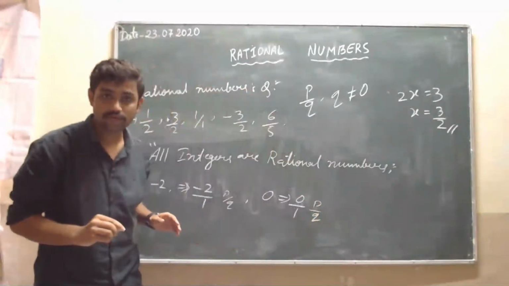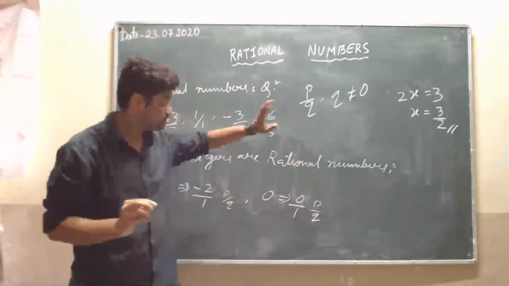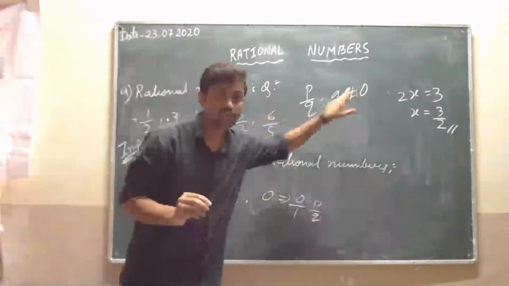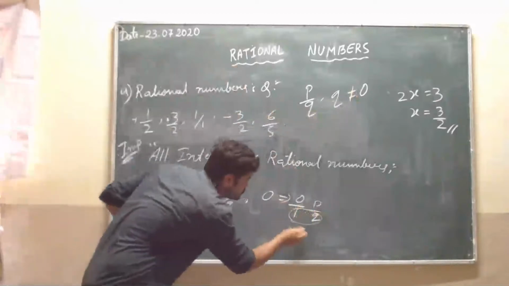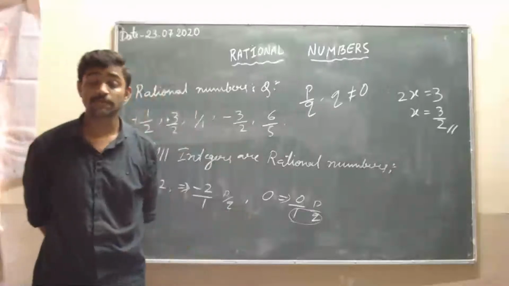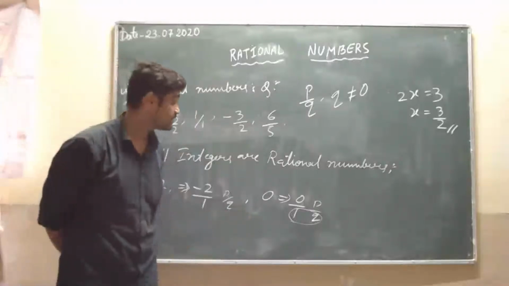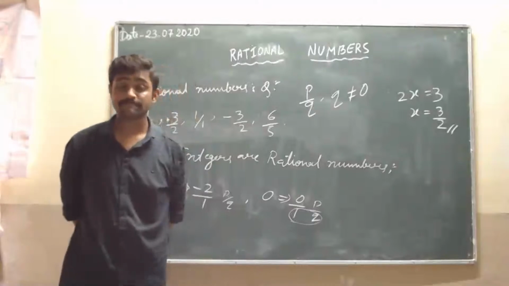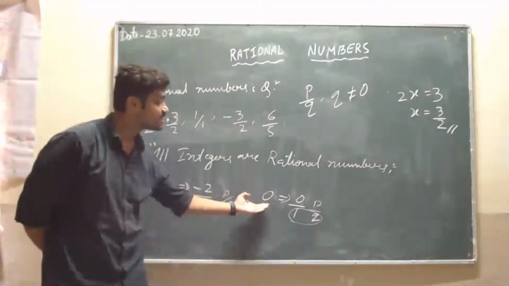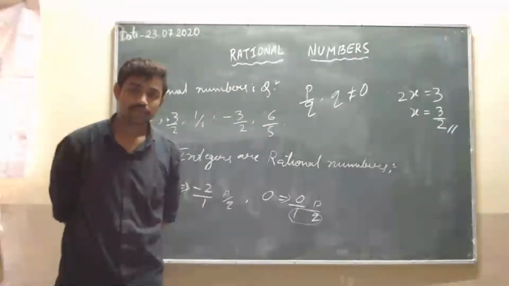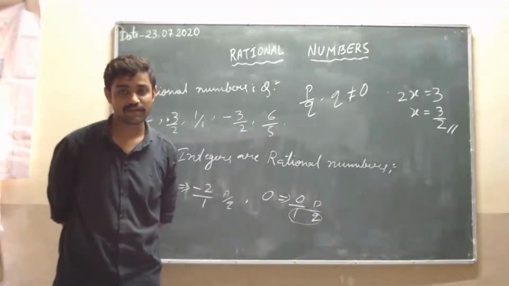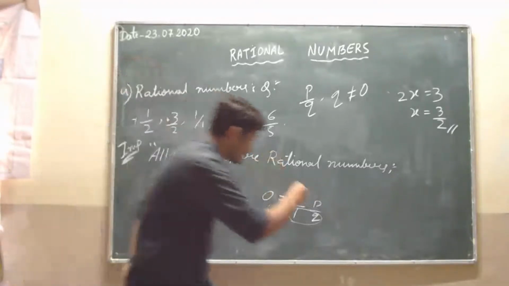Understood? Yes, we should concentrate that q should not be 0. Here q is not 0, it is 1. We can easily make that 0 as 0 by 1. Then 0 will become a rational number. Understood?